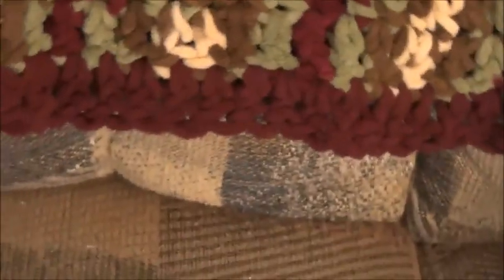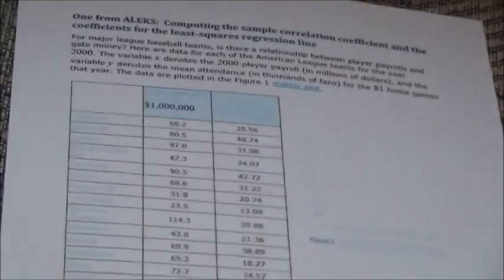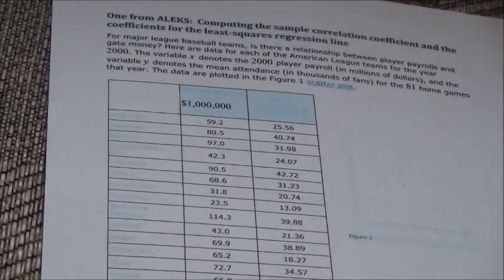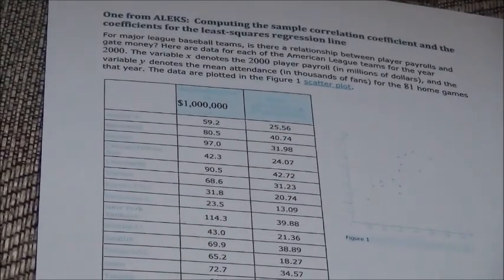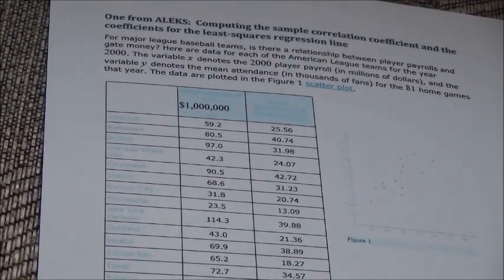So on the next page, here's one from Alex that I am going to have you do yourself. I gotta move my thing around again. This one has a lot longer list, but I'm gonna have you do this one. It says, for Major League Baseball teams, there is a relationship between the player payrolls and the gate. Is there a relationship between the player payrolls and gate money?